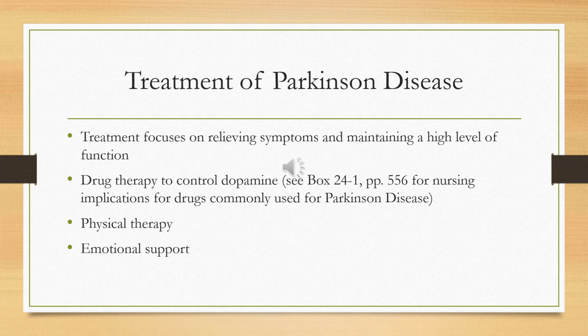When we're talking about treatment of Parkinson's, of course, we want to provide things that are going to help relieve the symptoms and give them their most optimal level of functioning, depending on what's going on. The typical drug therapy for Parkinson's is levodopa, which is a dopamine replacement.